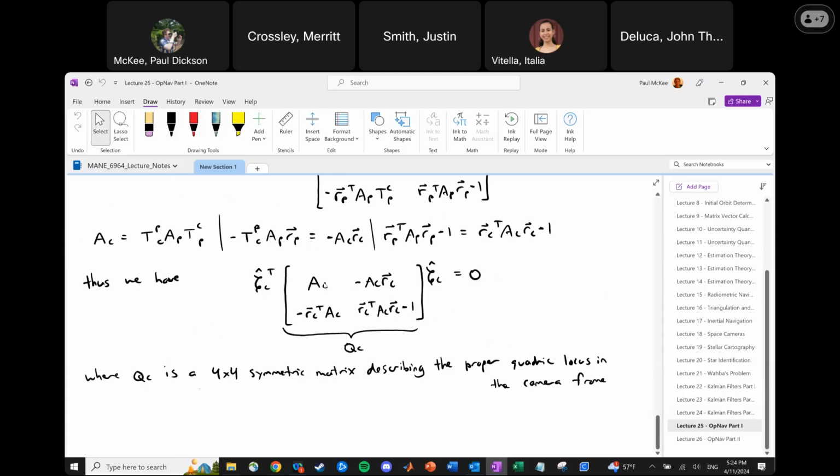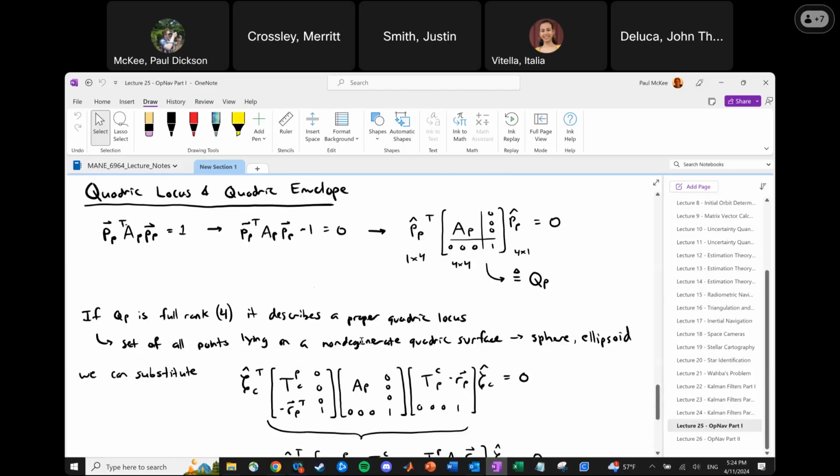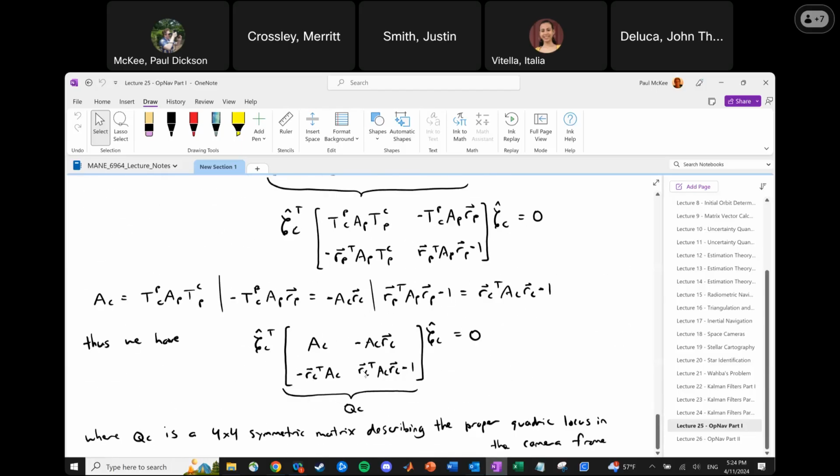Q is a combination of the planet shape matrix, the spacecraft position, and the camera frame, which allows us to build this Q matrix, which is really a quadric locus. You can think of it as the matrix for which any point on the surface of the moon, or any direction, I should say, from a spacecraft to the surface of the moon, would have this equation be true.